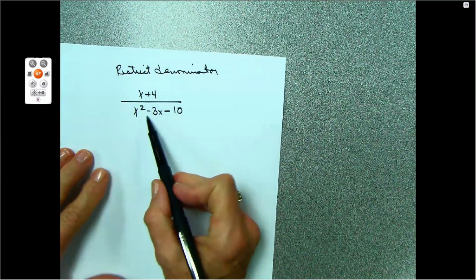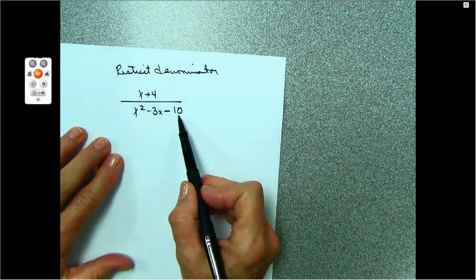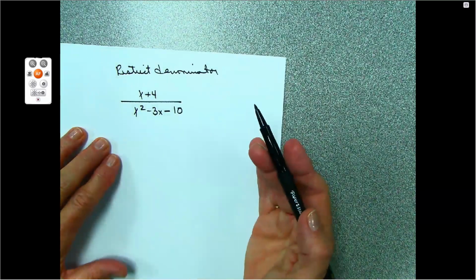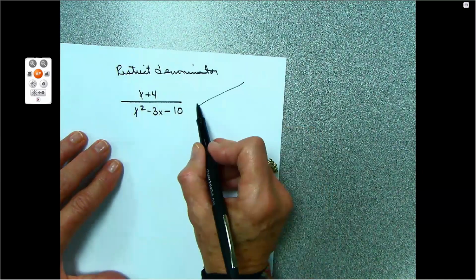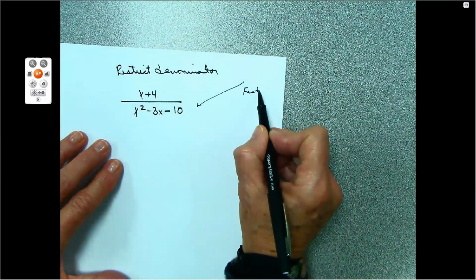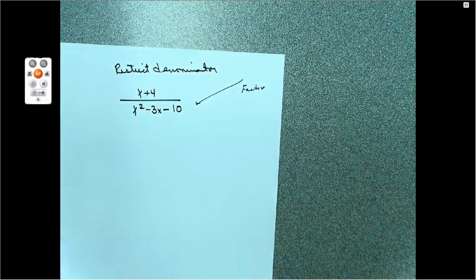So when this trinomial is equal to 0, this rational expression is undefined. So we need to factor and set our factors equal to 0 and determine when that denominator will be equal to 0, and then say it cannot take on those values.